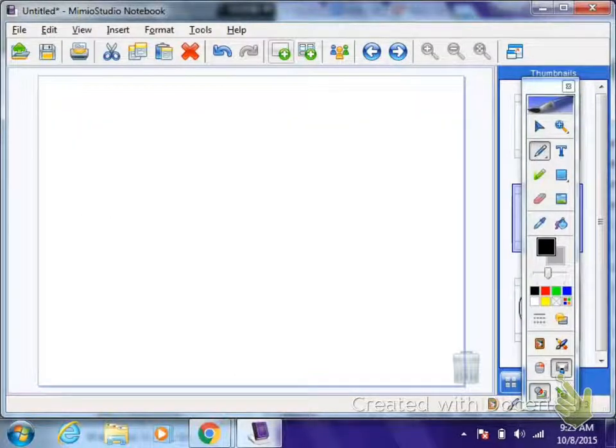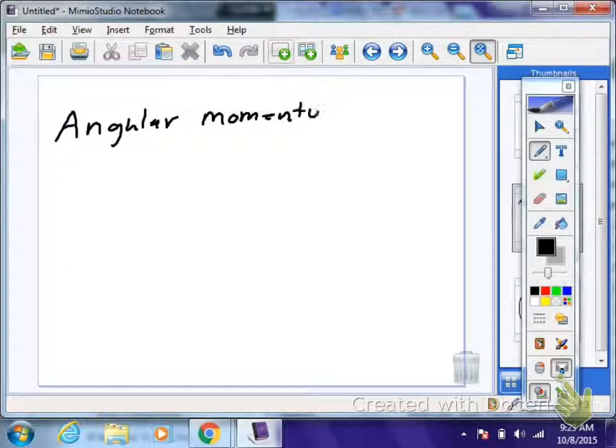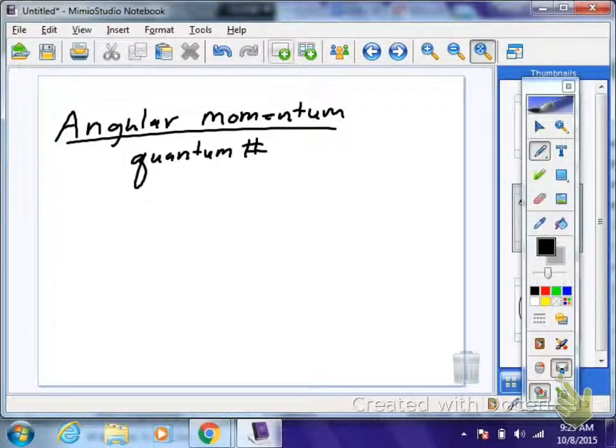It's called the angular momentum quantum number, right? And that's symbolized with an L, correct?